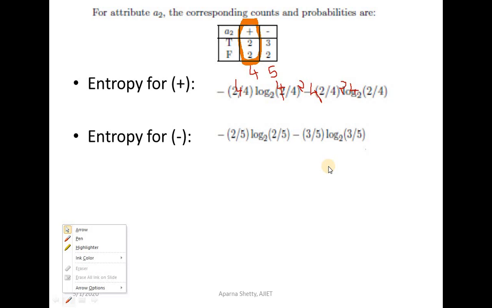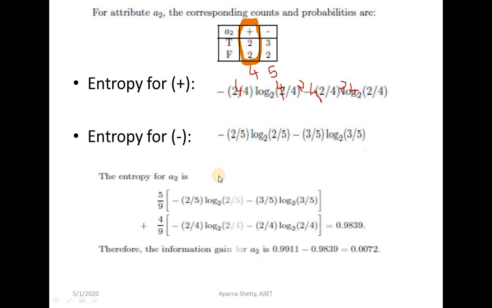Next we will find the overall entropy. So this was the entropy for minus, that is attribute value minus. So for class minus we found the entropy. Next we will find out the overall entropy for A2, first considering this minus.